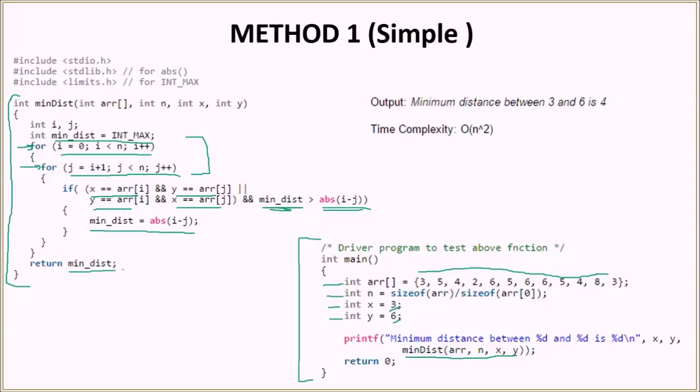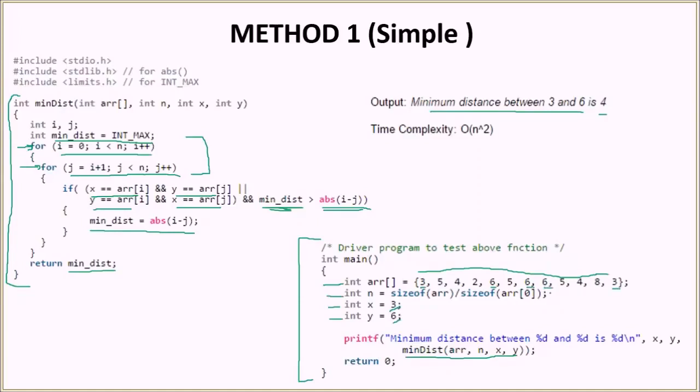distance. So for this given array, the minimum distance between 3 and 6 will be 4. So let's see, we have a 3 here, 6 here, 6 here, 6 here, and then we have a 3 here.